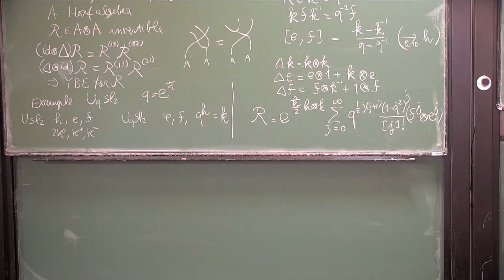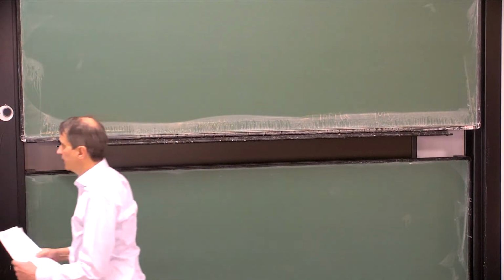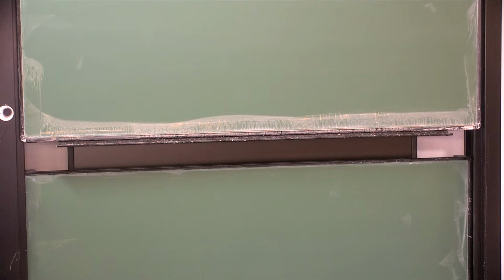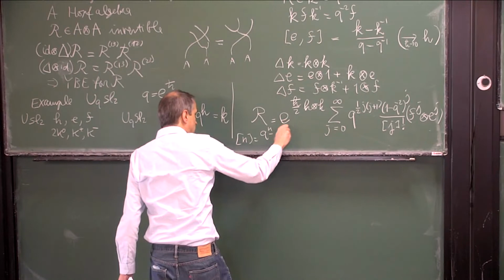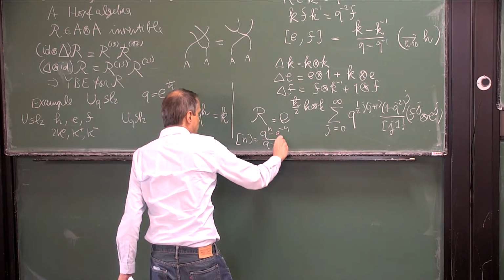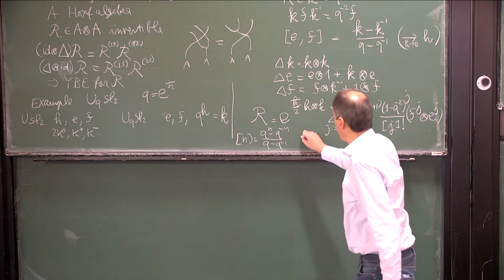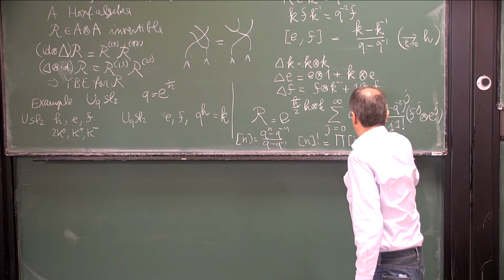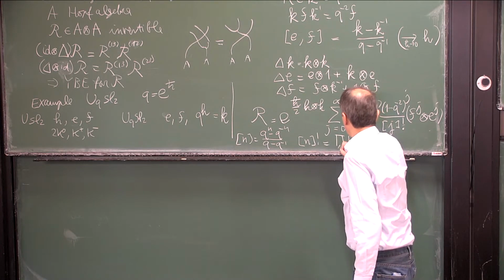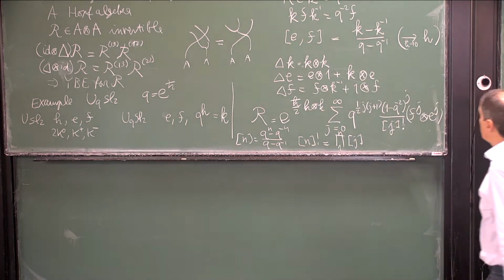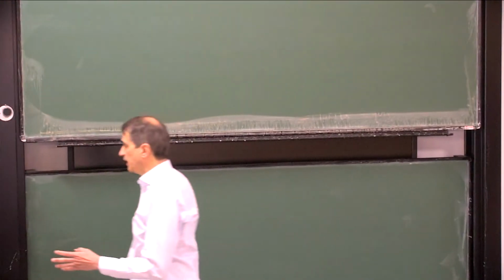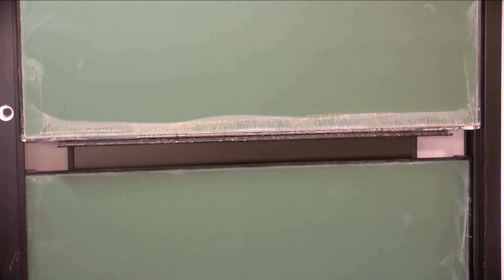So first of all, it's an infinite sum, and so you have to make sense of this. And q factorial is q numbers, n is q to the n minus q to the minus n, divided by q minus q inverse, and n factorial is the product of q numbers from 1 to n.